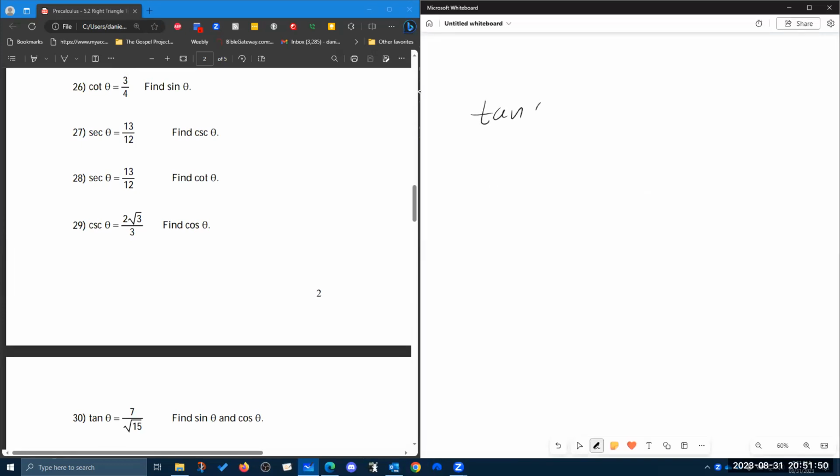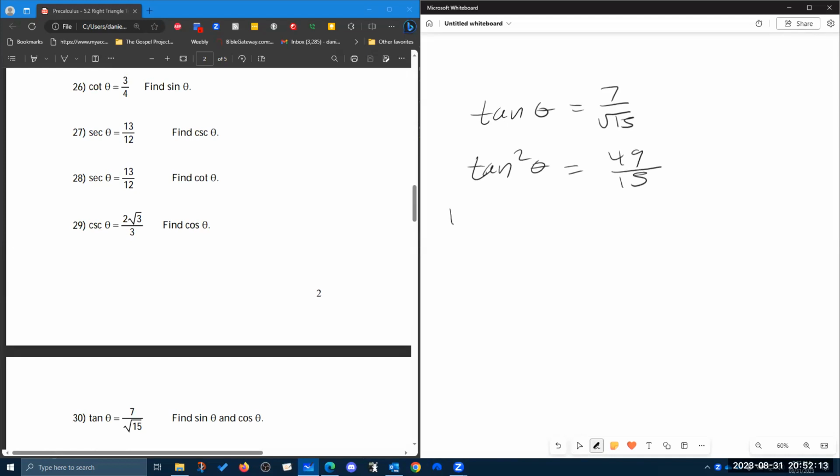If tan theta is equal to 7 over root 15, then we want to find both sine and cosine. So let's try and do that. So tangent squared is equal to 49 over 15.